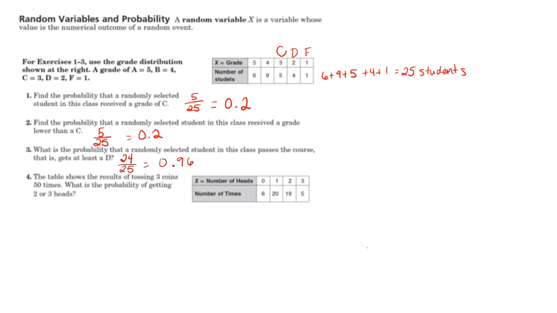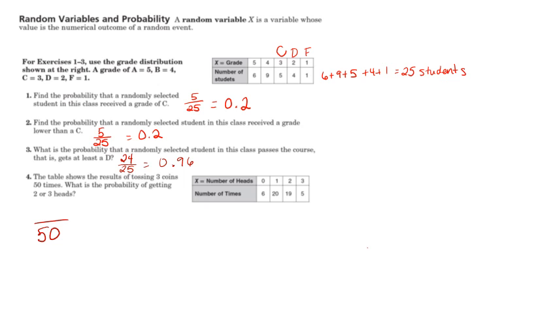So we know that the number of times should add up to 50 because we did it 50 times. And it does. 6 plus 20 plus 19 plus 5 is 50.